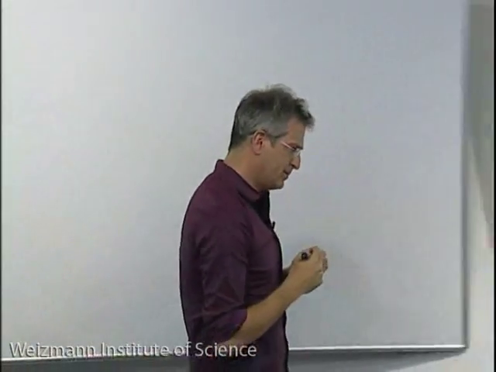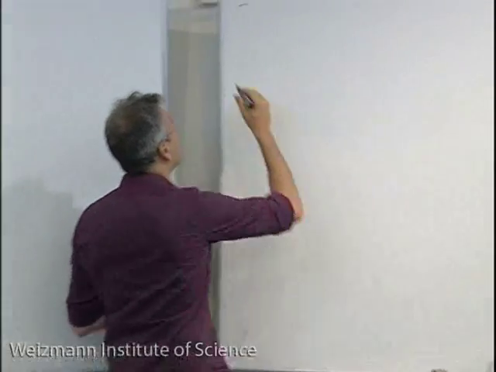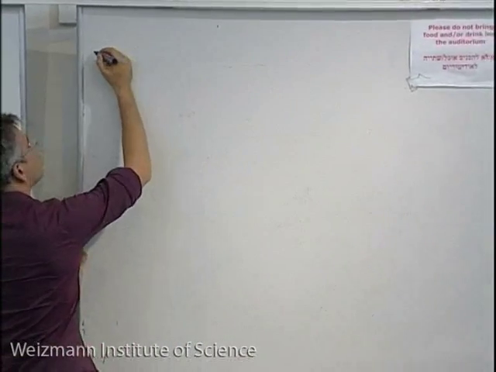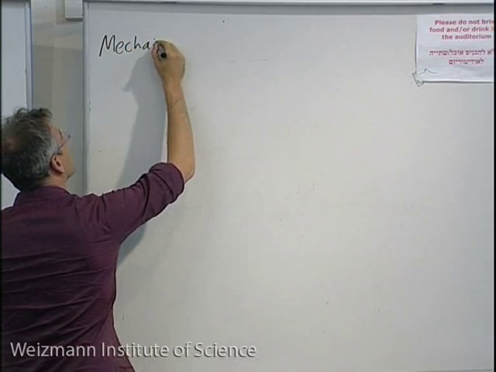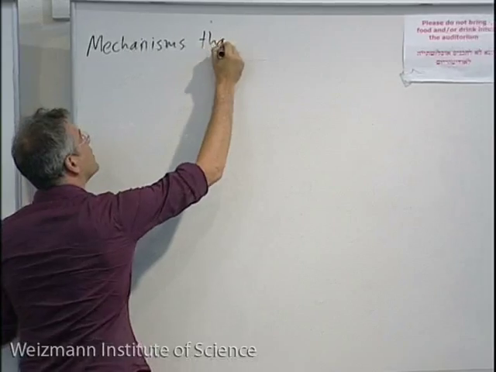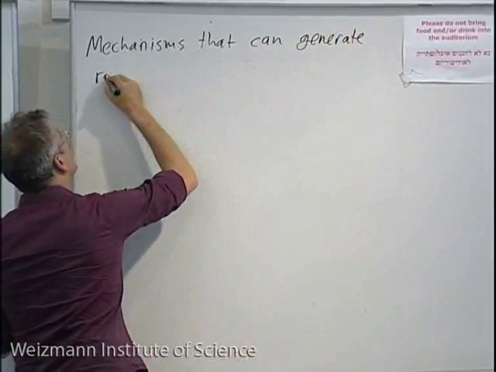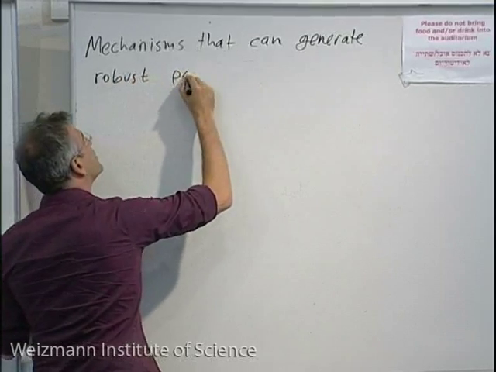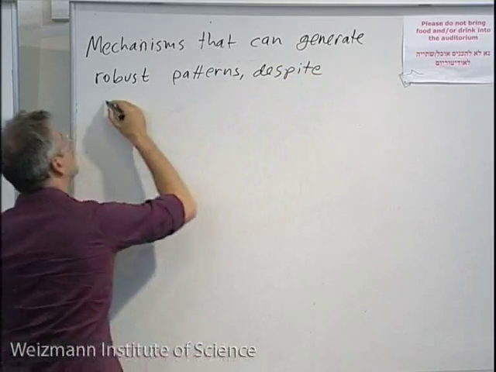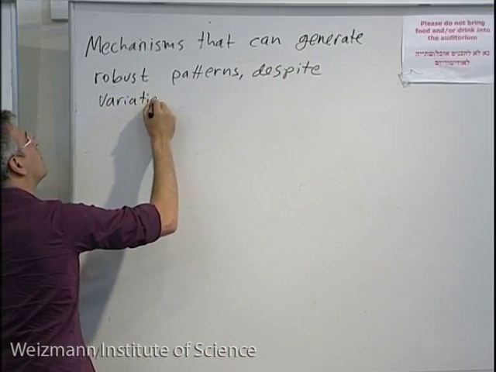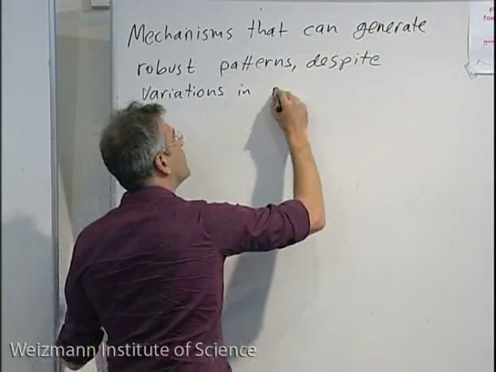The question we're asking is: we're showing mechanisms that can generate robust patterns despite variations in protein production rates.